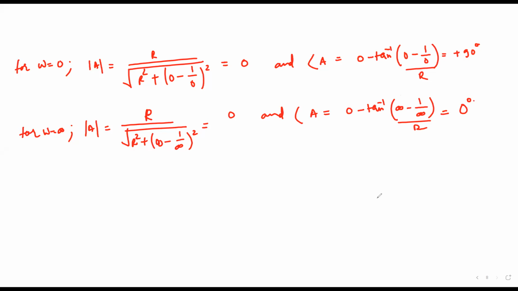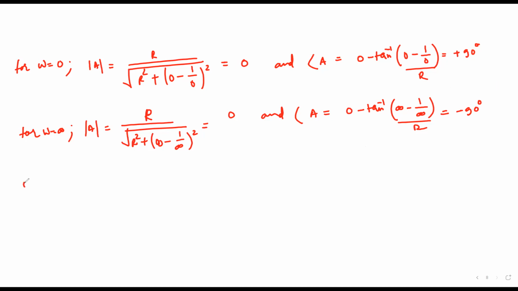What about the angle? The angle would be minus 90 degree, not 0 degree actually. If we solve it, you can solve it yourself and see that it takes the value of minus 90 degree.